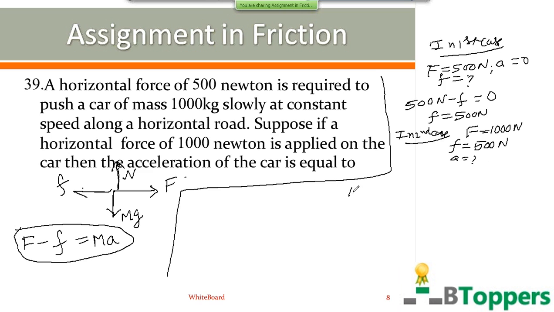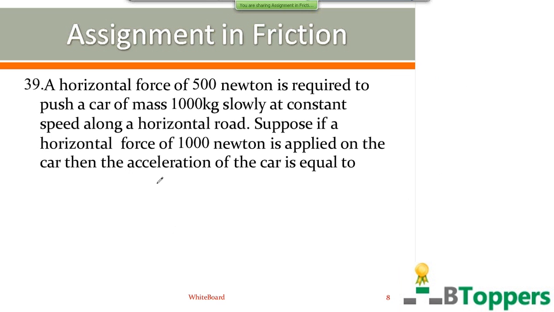So on the left hand side, you can substitute capital F equal to 1000 newtons, small f equal to 500 newtons, m equal to 1000 kg. You can simplify this. So you get magnitude of acceleration of the car as 0.5 meter per second square. So for question number 39, the third option is the answer.